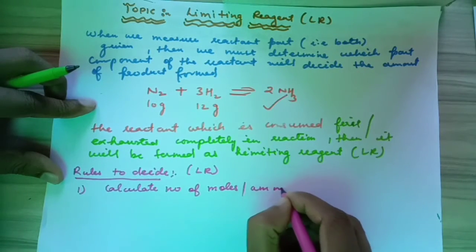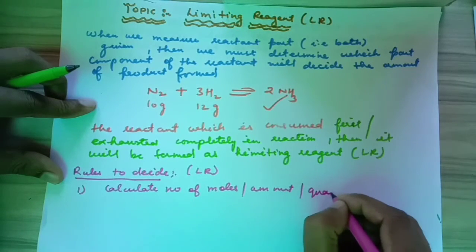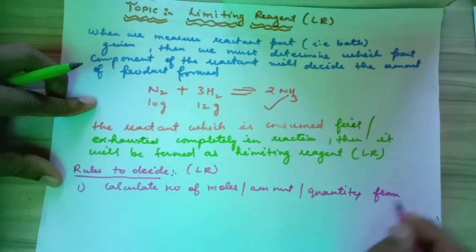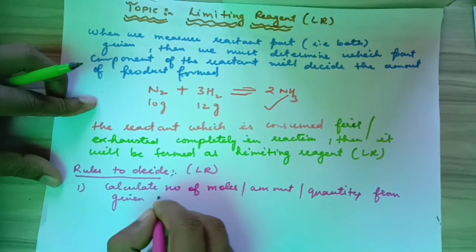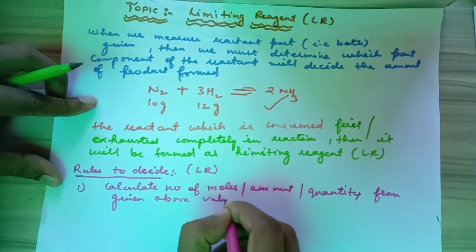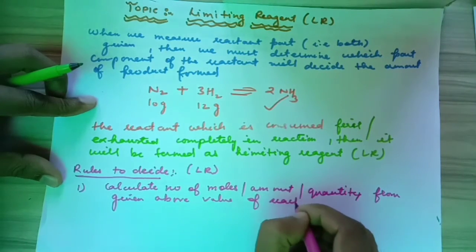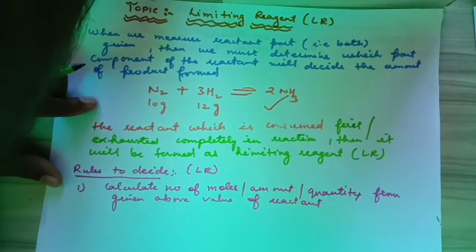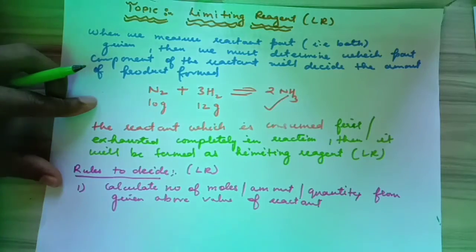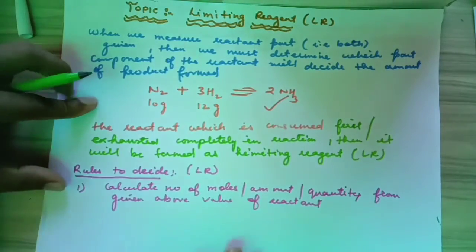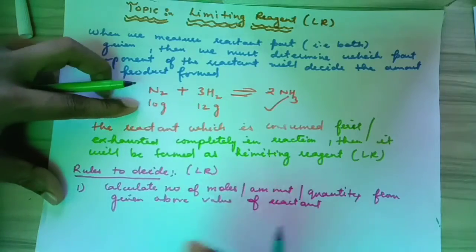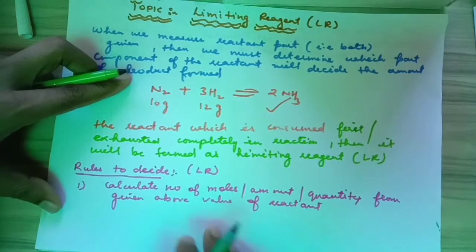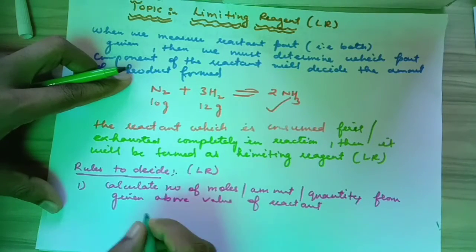It may be amount or we can say quantity from given above value of reactant. Suppose it is given 10 grams, so how can we find the amount of moles of N2?